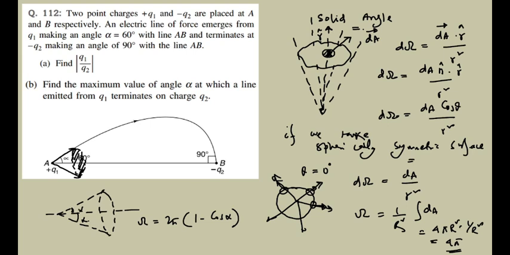So if there is an angle alpha, it is originating from plus q1, and if I say at an angle beta, it is terminating on this minus q2. So for this, solid angle will be equal to 2 pi into 1 minus cos beta. So this is the idea that you have to implement over here. Just for discussion of this particular topic, I brought this question. Detail I will discuss in Gauss law.